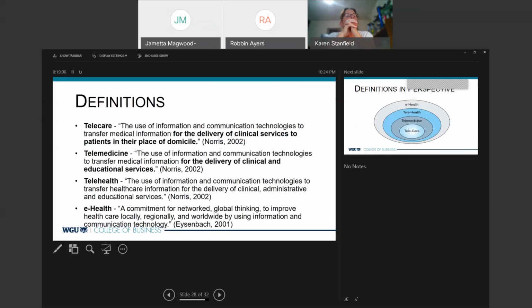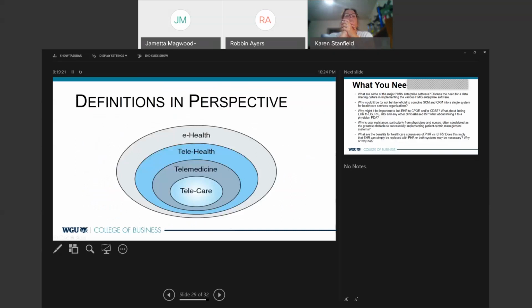Telehealth is inclusive of telemedicine and telecare. And e-health includes all of these: telehealth, telemedicine, and telecare. Okay. So when we look at this visual, we are able to see that they are inclusive of one another.